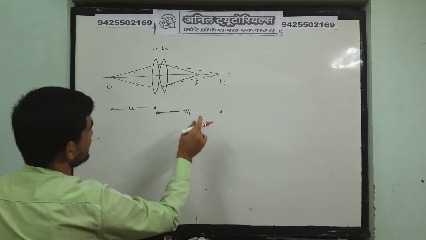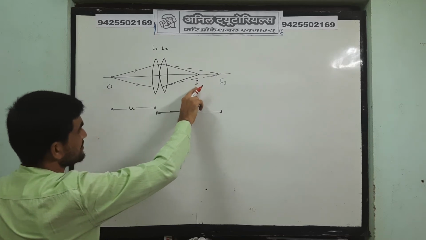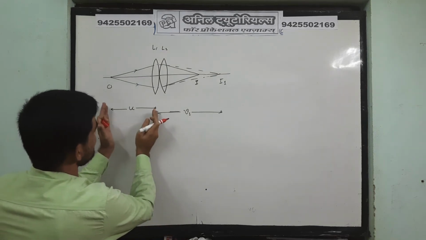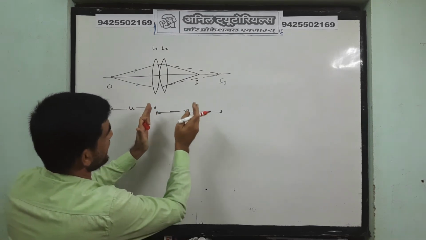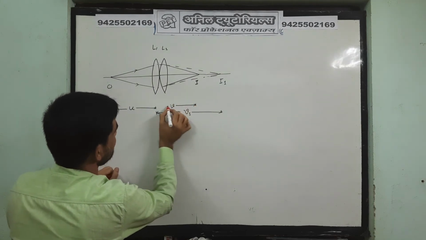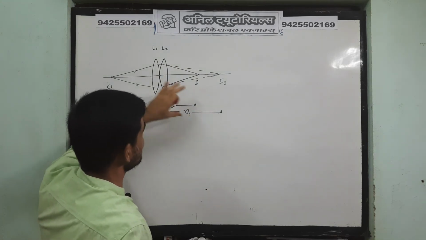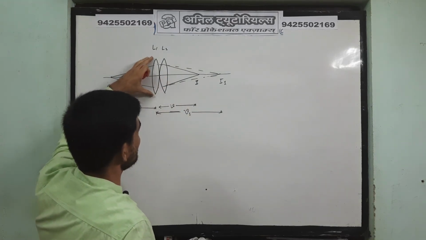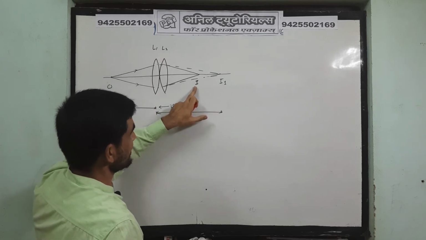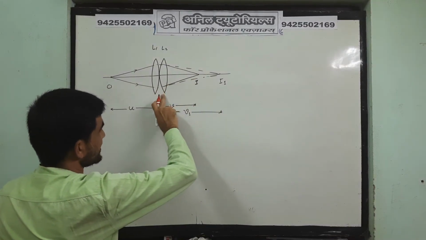This I will be the position of the final image formed by the combined lens. So u is the distance of the object and v is the distance of the final image. And v1 is the distance of the image formed by the single lens alone, and this will act as an object for the second lens. I1 acts as a virtual object for the second lens.